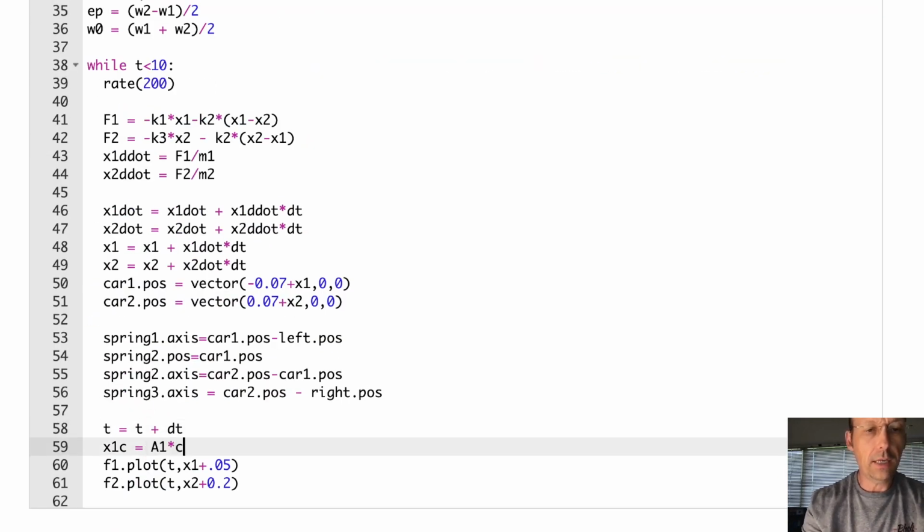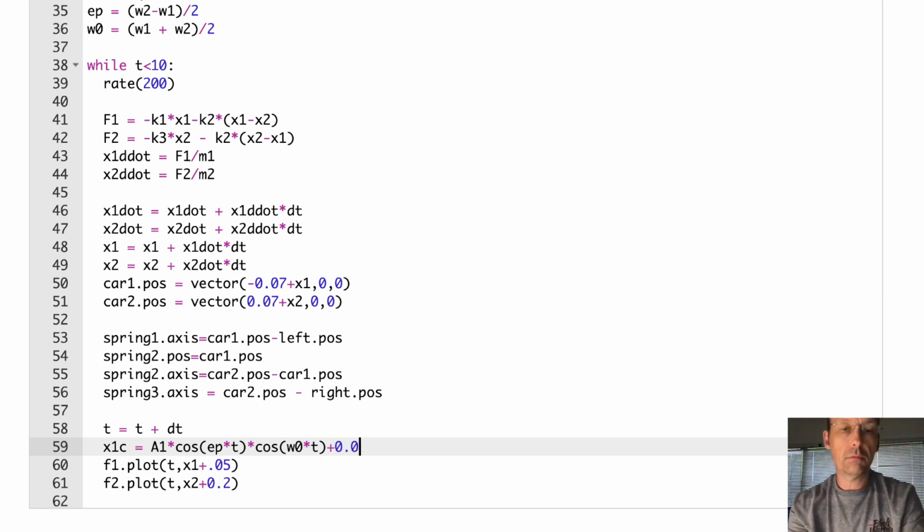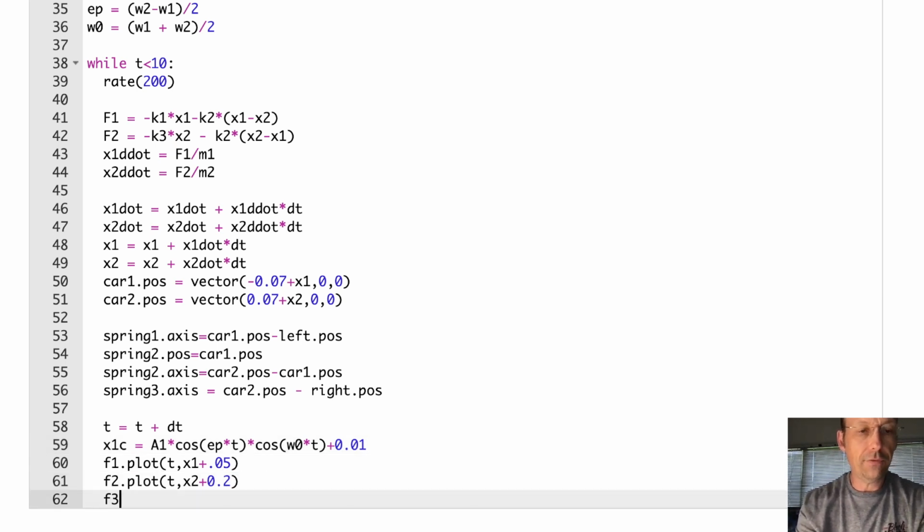A1 times cosine epsilon times t times cosine omega 0 times t. Now I'm going to add on there plus 0.01. This will be shifted up a little bit and we can see it. And then I'm going to plot that. F3 dot plot T x3, x1c.